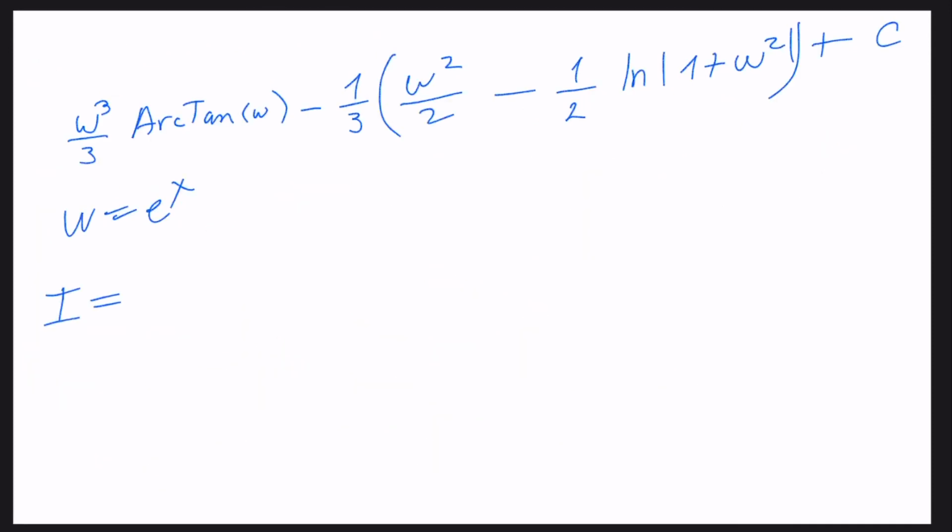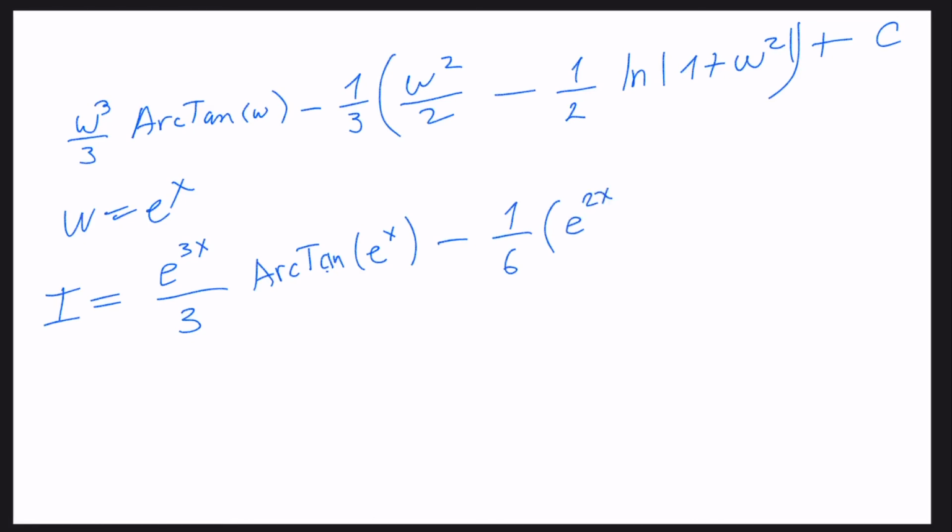So I is equal to e to the 3x divided by 3 times arctangent of e to the x minus, here I can do some arithmetic, this is 6 because 3 by 2 is 6, w squared is e to the 2x, minus natural logarithm of 1 plus e to the 2x, plus c. Okay, we have found this integral. It was not as complicated as we expected from the beginning.